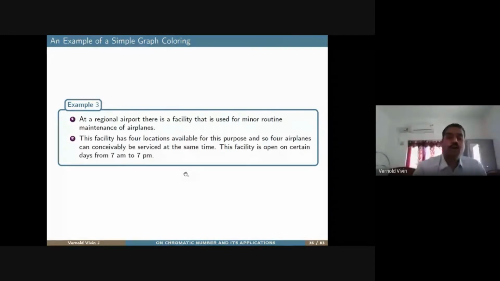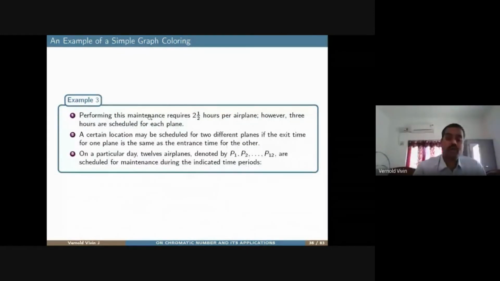Performing this maintenance requires time; to service an aeroplane you require approximately 2.5 hours per plane. I think we can take it as 3 hours per plane. So 3 hours are scheduled for each plane, and 3 hours is needed for a workstation to service an aeroplane.